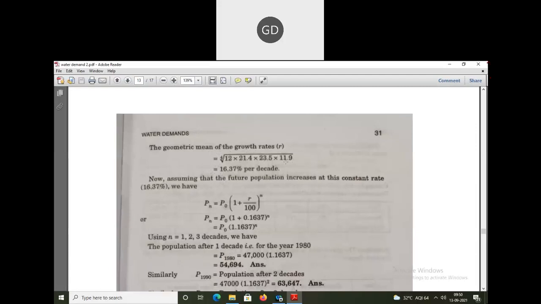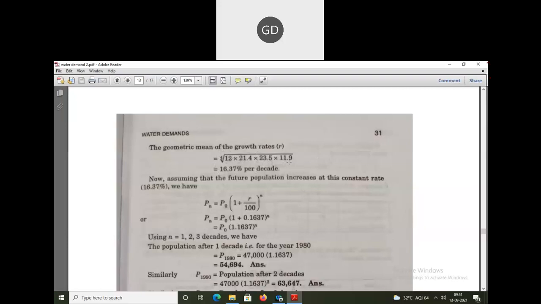If in the table you have got 5 values of growth rates, you will put 5 in place of 4. Like that, if there are 6 values, you will put 6. So here there are 4 increased growth rates we got.